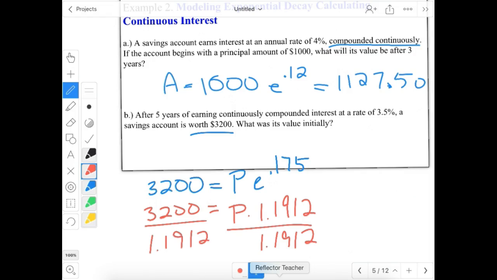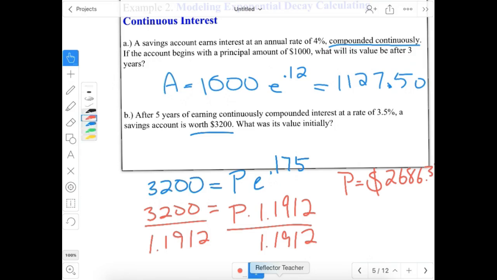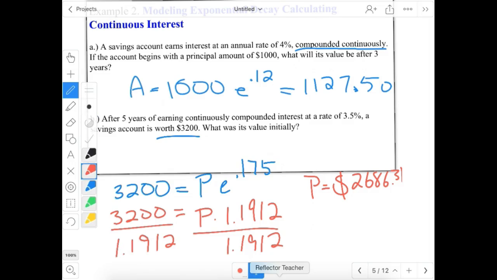So divide those, and we would get our initial amount, P, is equal to 2,686 and 37 cents. Move that over just a tad so we can get that last number in there. And 37 cents.